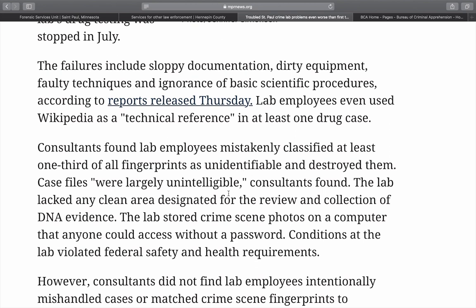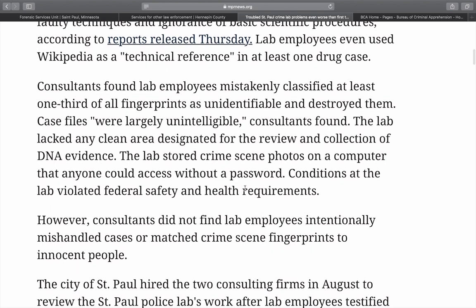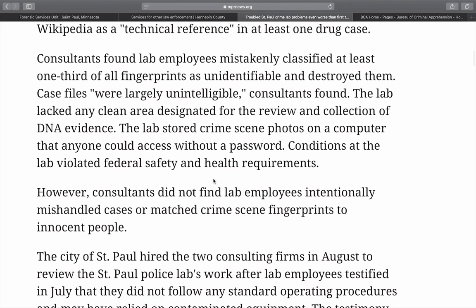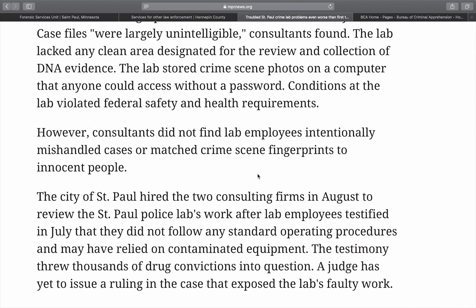Case files were largely unintelligible, is what the consultants found. The lab lacked any clean area designated for the review and collection of DNA evidence. The lab stored crime scene photos on a computer that anybody could access without a password. Conditions at the lab violated federal safety and health requirements. So I mean, it was a big mess.